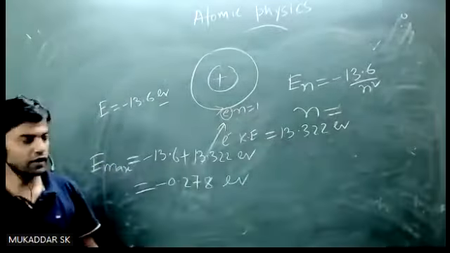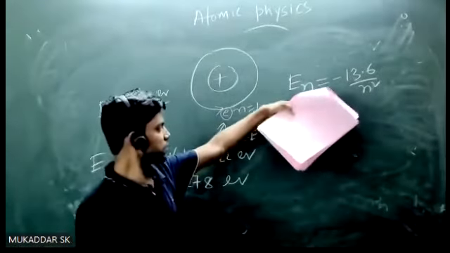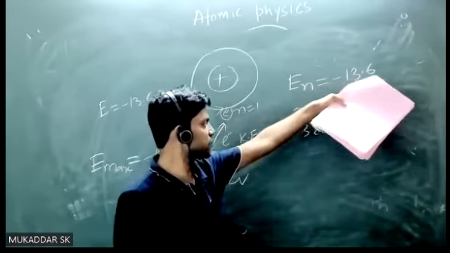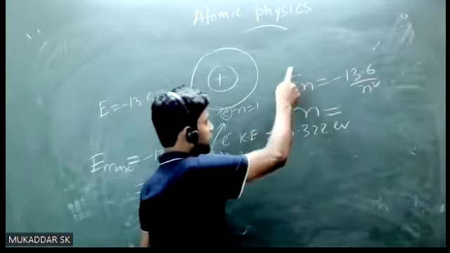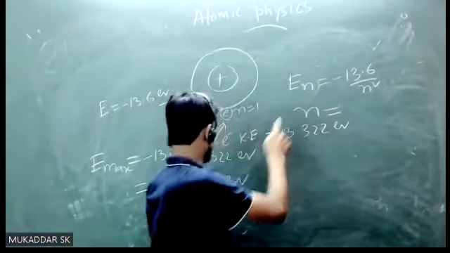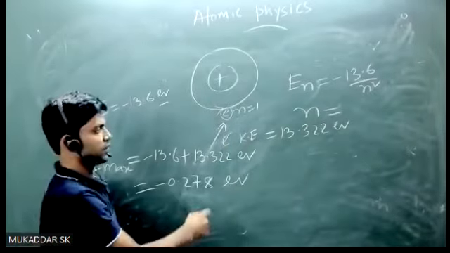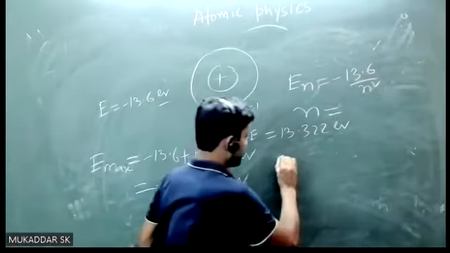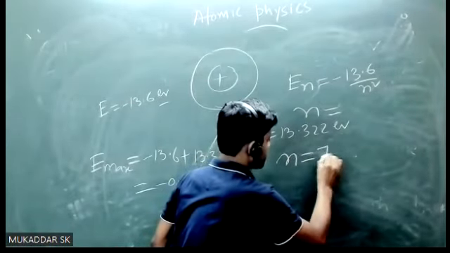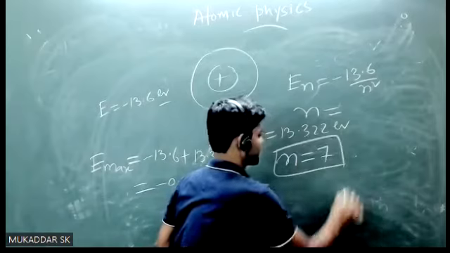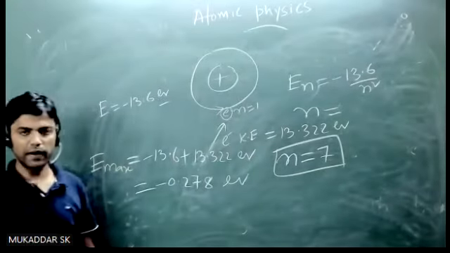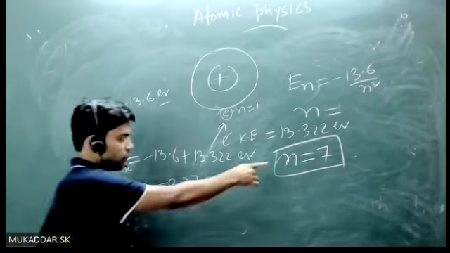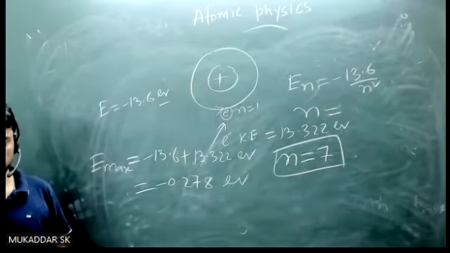You write the nth energy expression, minus 13.6 by n square, and keep this value as minus 0.278. If you do this, you will get n equals plus or minus 7, but minus 7 is not allowed. So you will get n equals 7.